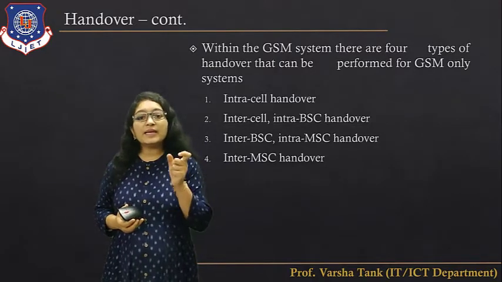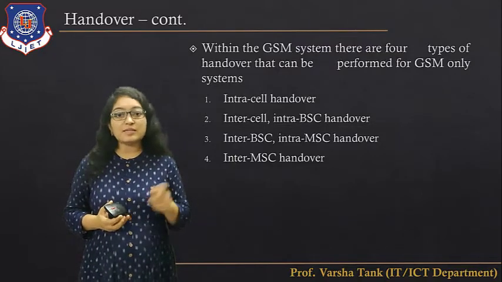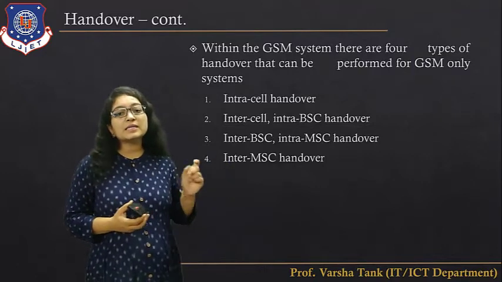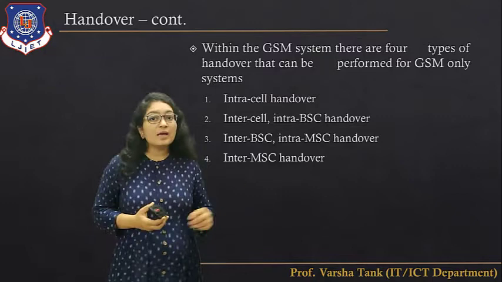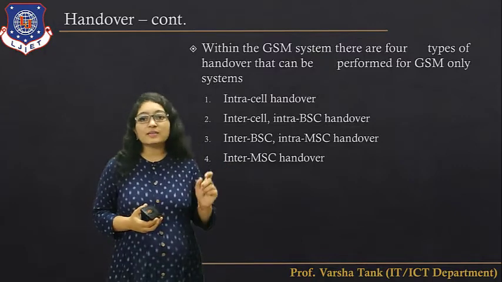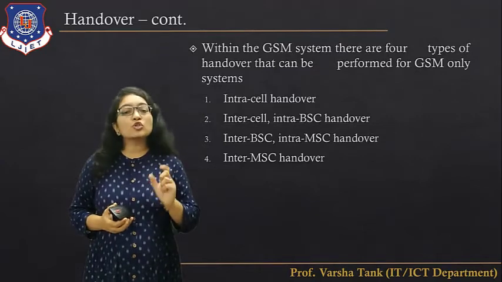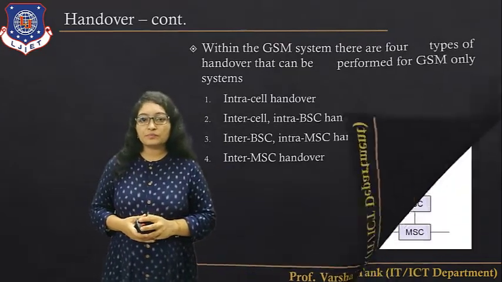That means the BSC is different, but the mobile switching center is the same. At that time, this type of handover will occur. Then the fourth is the inter-MSC handover, where the MSC is also changed.